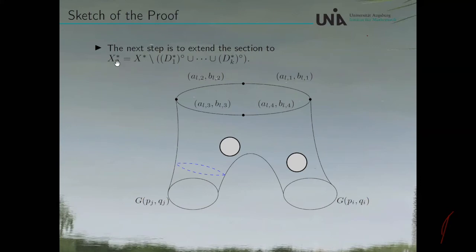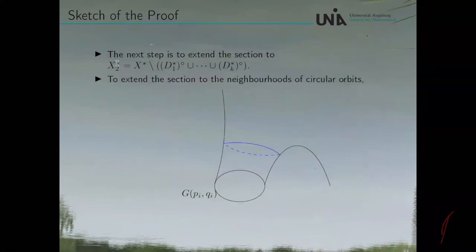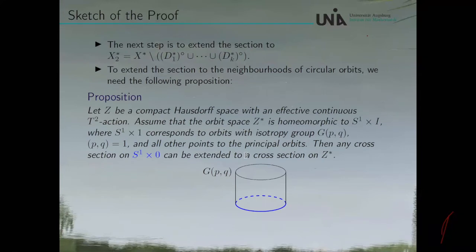So I take X2 star to be X star minus this small disk in the interior around the exceptional orbits. Note that first of all, I start with the circular orbits. A tubular neighborhood around a boundary component with circular orbits is something like this. And then this proposition helps me.